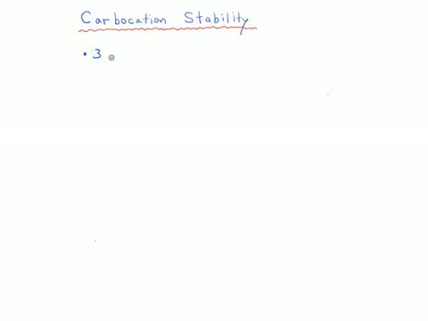So in the previous video, we talked about the three factors which stabilize carbocations. Number one was substitution. Remember, carbocations are electron-poor species. Being electron-poor, they are going to be stabilized by neighbors that have high electron density or are electron-rich.